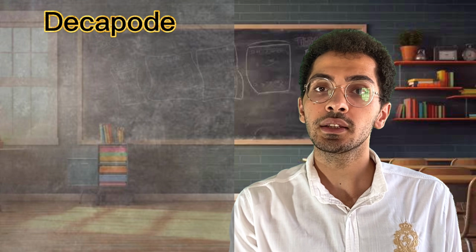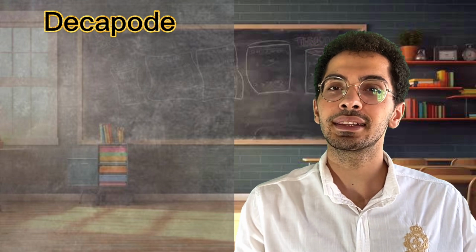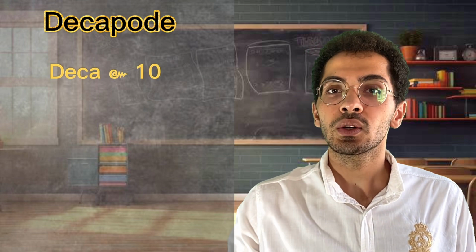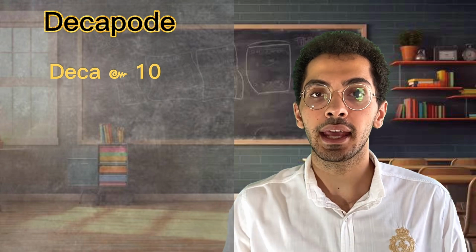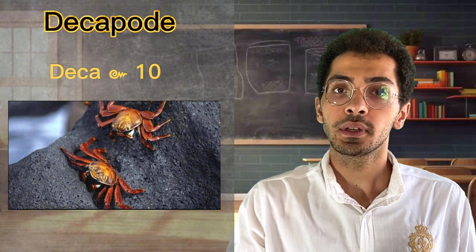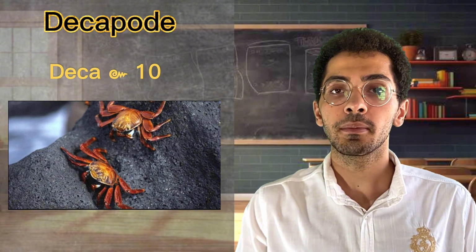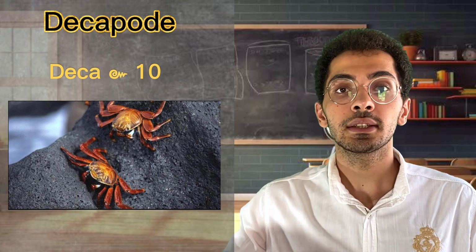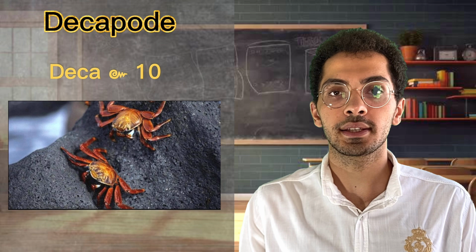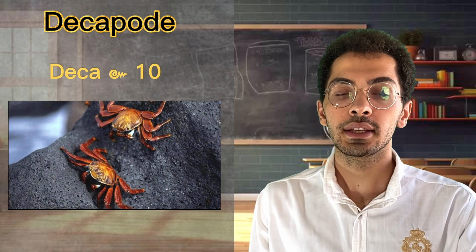If you have studied physics before, you remember that deca means 10. So decapods are all the animals that have 10 legs. For example, crab, shrimp, lobster, all of them are from this family. So we learned centipede, millipede, and decapods. They have the same root.